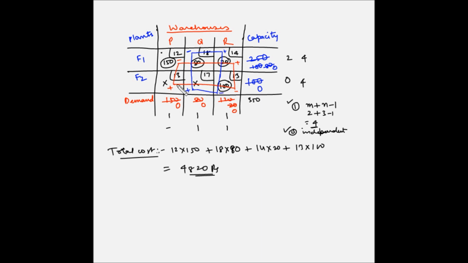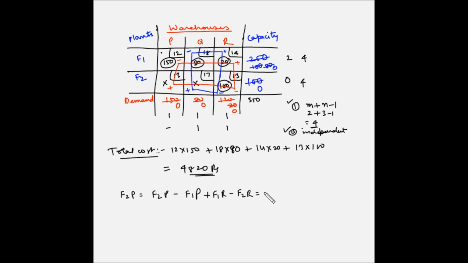The next step is to calculate the net cost change for the path. The net cost change is obtained by summing up the unit cost of each cell on the path. So for F2P, the closed path was F2P minus F1P plus F1R minus F2R.